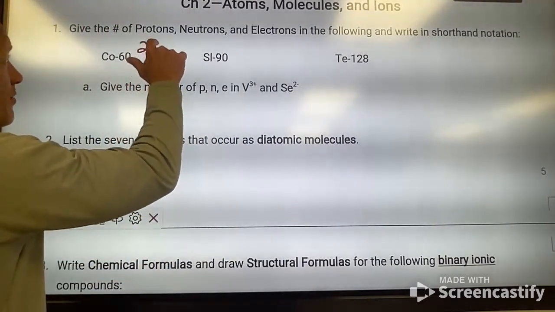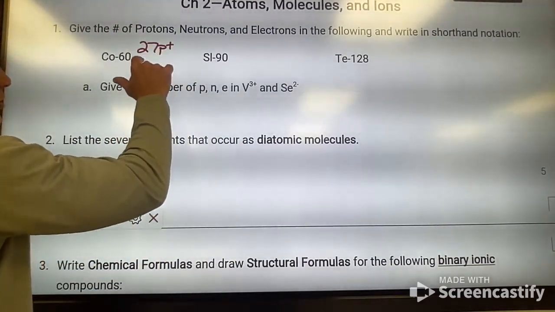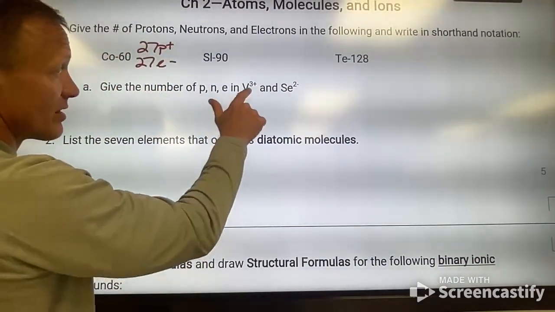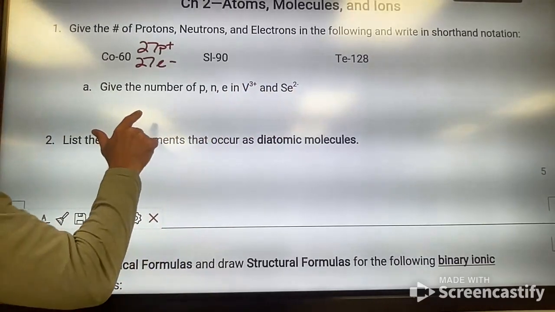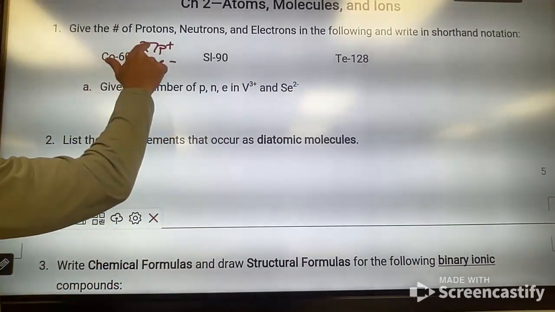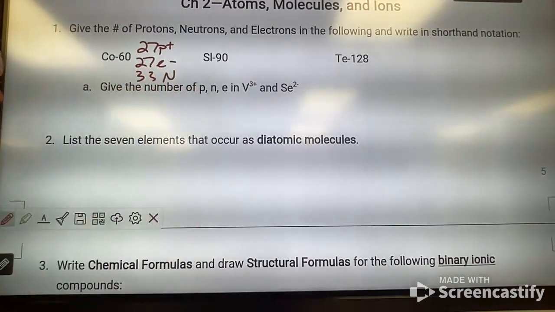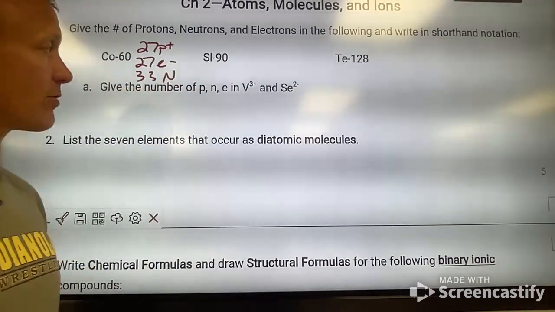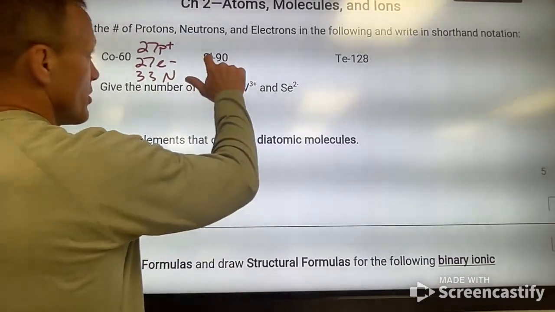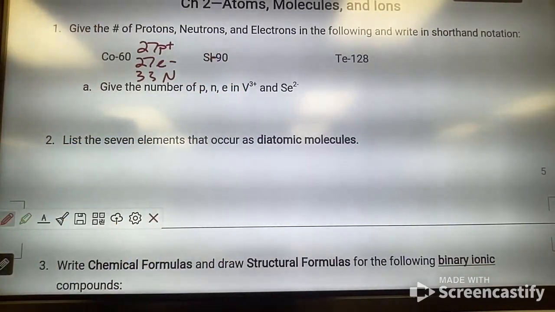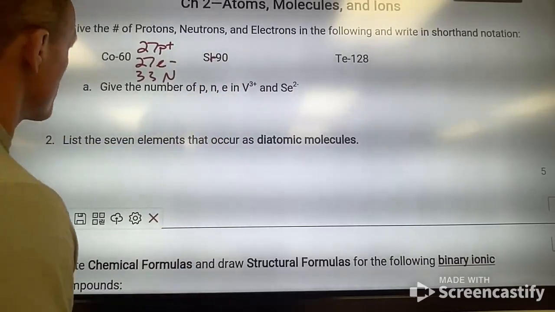It means it's got 27 protons, 27 electrons because it is neutral, has no charge on it, whereas this has a charge. And 60 minus 27 is 33. That's the number of neutrons. Protons and neutrons added together is the mass number. This is supposed to say strontium, okay, not SL, strontium 90 and Te 128. I'll let you do those.